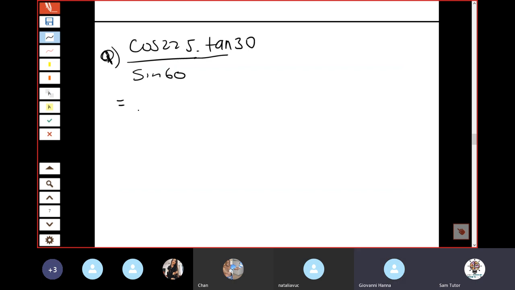Negative 0.707. So what's the answer I'm looking for? 0.5. Nope. 1 over root 2. There we go. -1 over root 2. Yes? Are you 100% confident that you can get that straight away? Not straight away, but... Okay.